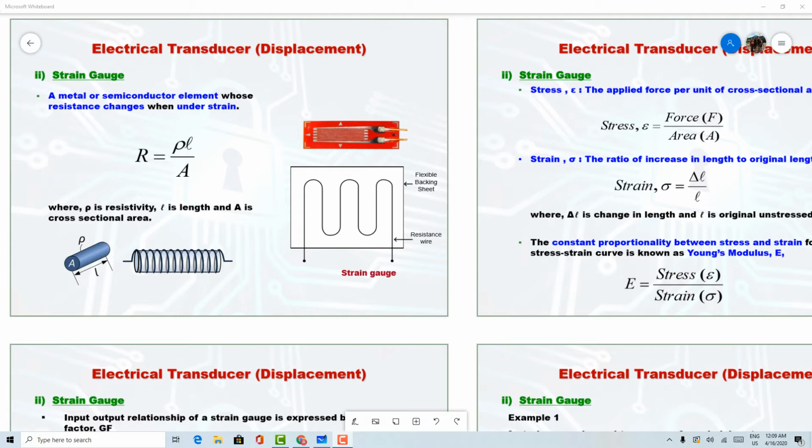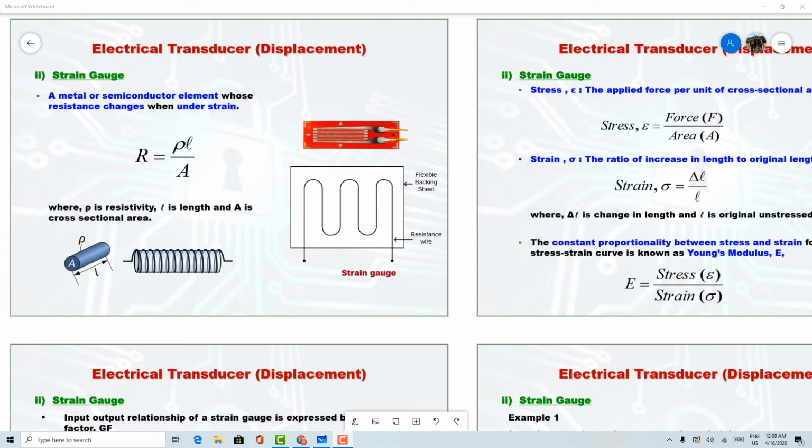So from the potentiometer we can get a voltage output. How do we calculate the output from the potentiometer? We use the VDR, meaning the voltage divider rule, when you want to calculate the output voltage from the potentiometer.